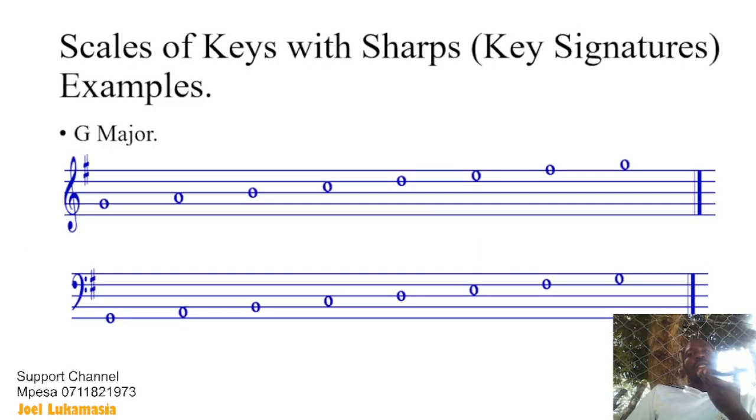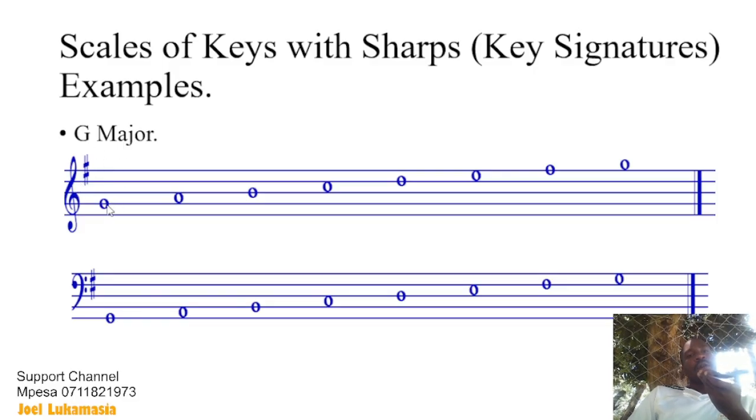Now these are the scales of key signatures with sharps. Notice G major, you're beginning on G. You write the treble clef first, and we are having the scale ascending only. Then you have the F sharp, making it the scale of G major.